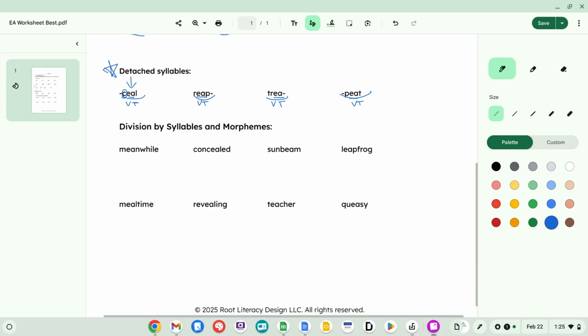Moving on, division by syllables or morphemes. The English language is a morphophonemic language, so part of our language can be read by using syllables and by morphemes. In this word, I see the EA.